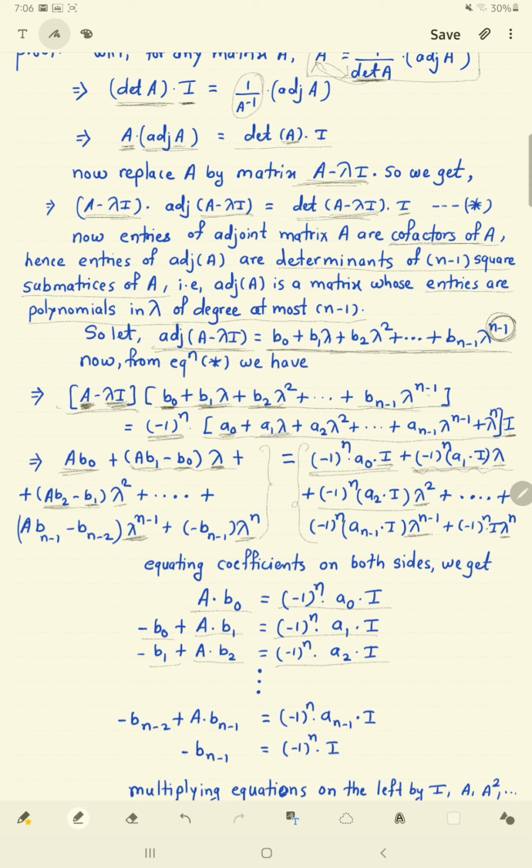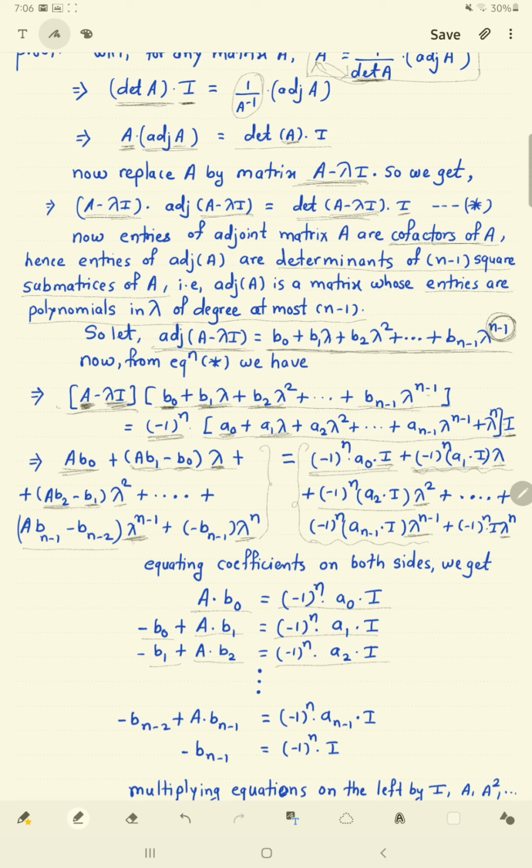Similarly in this way, for the last two terms, A b n minus 1 minus b n minus 2 lambda raised to n minus 1 is minus 1 raised to n a n minus 1 into I lambda raised to n minus 1.